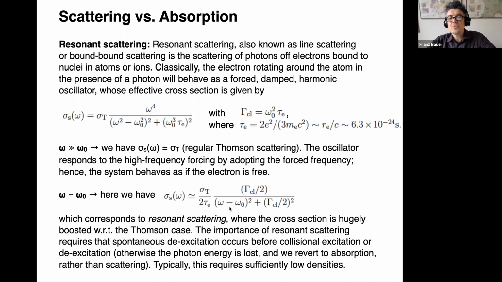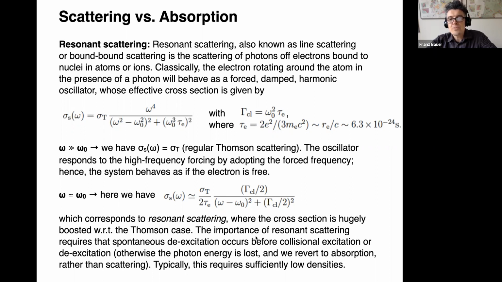And so then it depends also on how close the frequency is to the actual resonant or line frequency. And so typically this process of resonant scattering, generally here you have a huge cross-section. It's boosted with respect to the Thomson cross-section. So this is the Thomson cross-section, and so this thing can be really high compared to this.